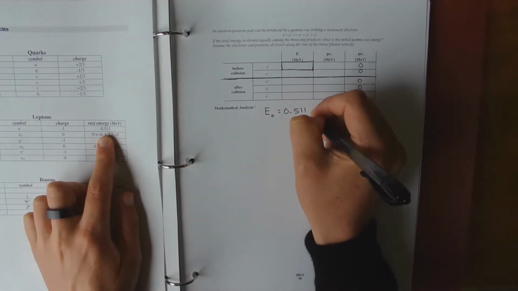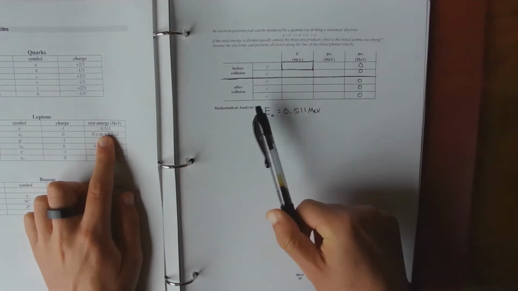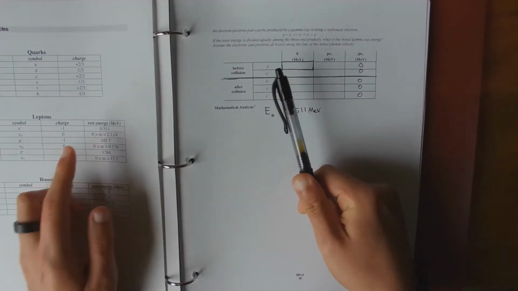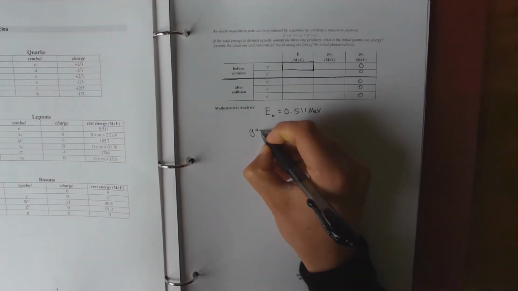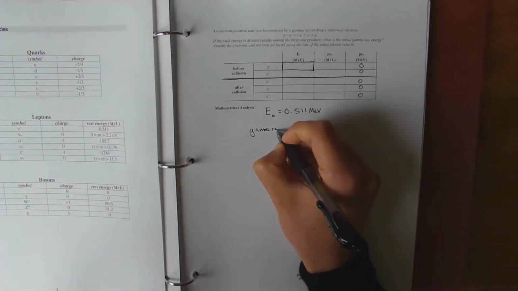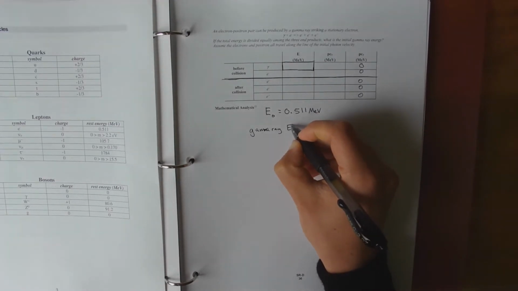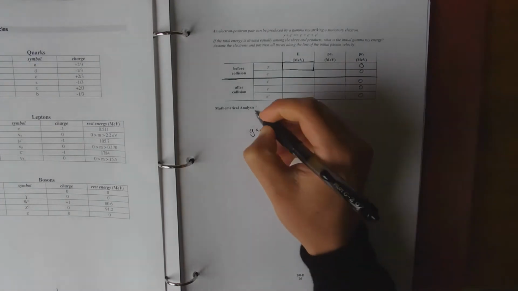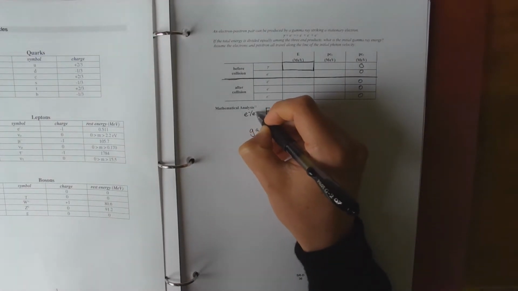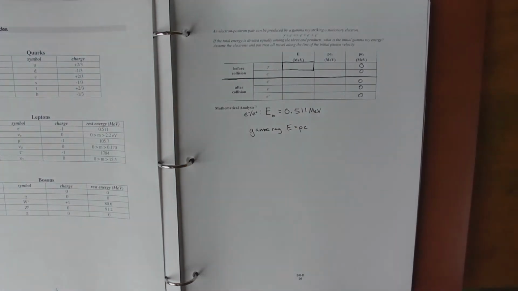In addition to the positrons and electrons we have a gamma ray, but the gamma ray does not have a rest energy. The gamma ray is a photon, and so the mass is 0, but we do know for the gamma ray that the total energy is equal to the momentum. So we have that. And this is for the electrons and the positrons.